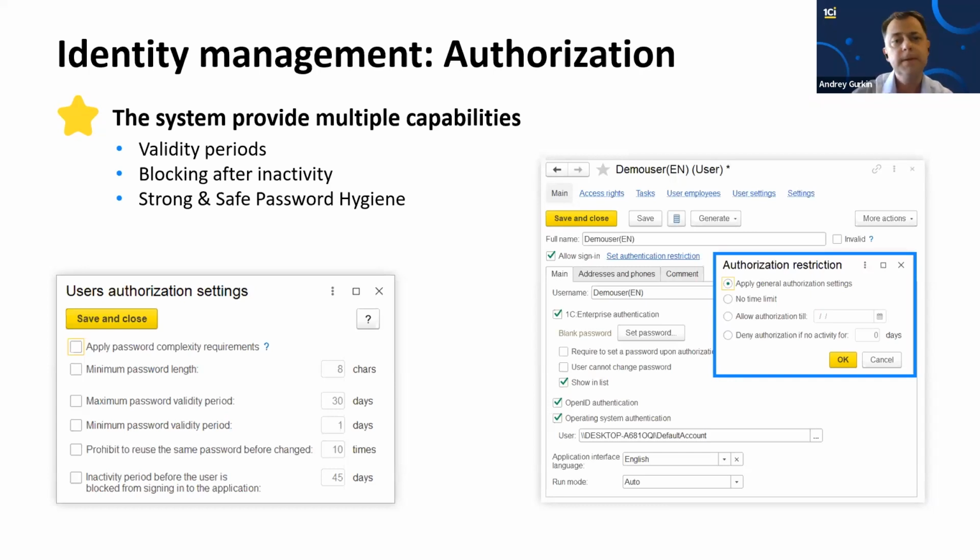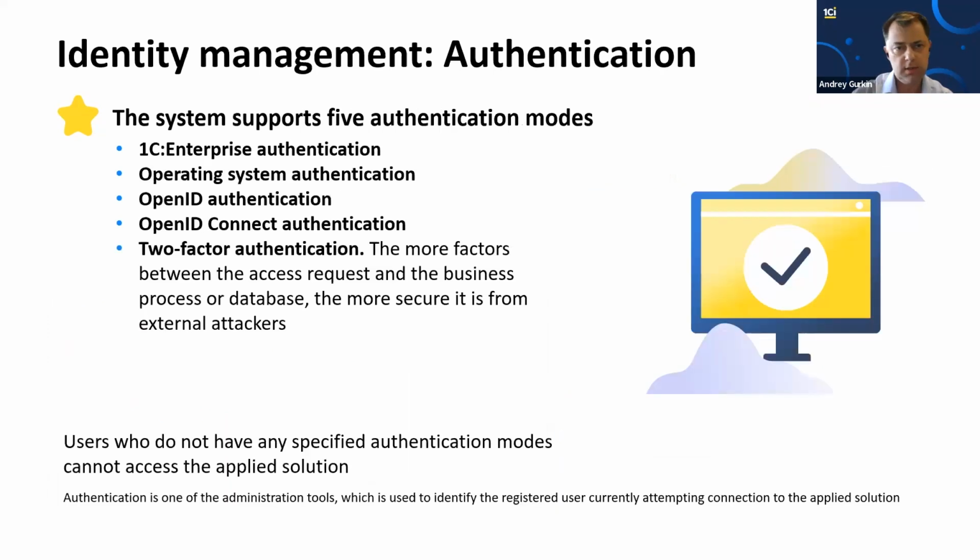This is the example for internal users, and I will show you the same dialogues or interfaces for the external users. So we are talking about the validity periods, block after inactivity, strong passwords, etc. And of course, we can use different types of authentication for them.